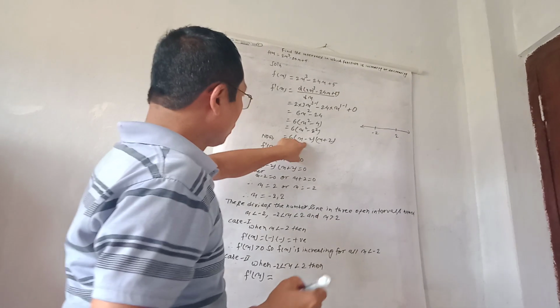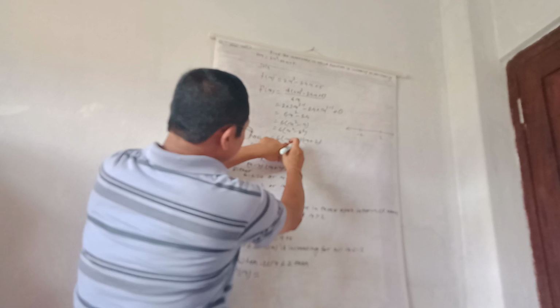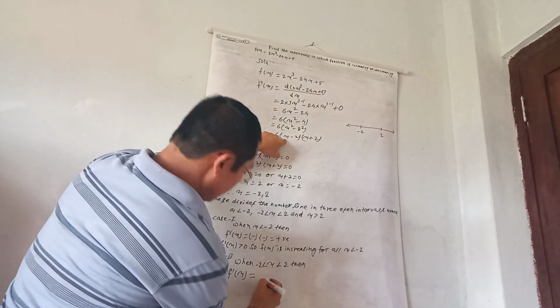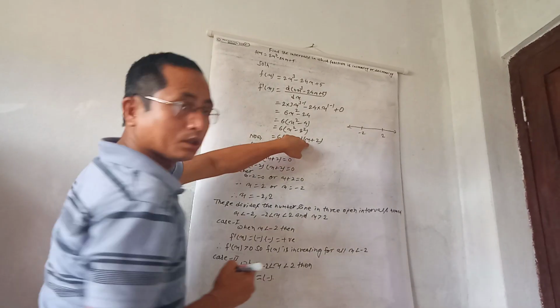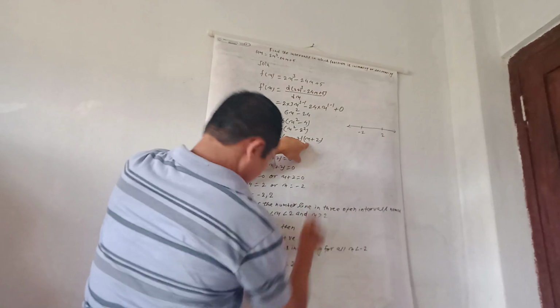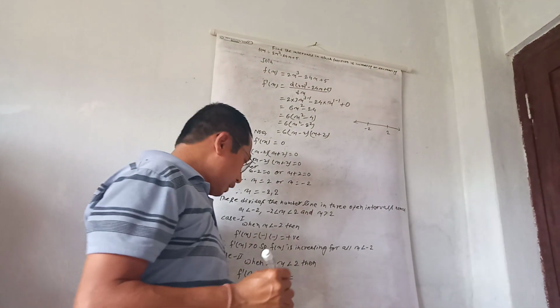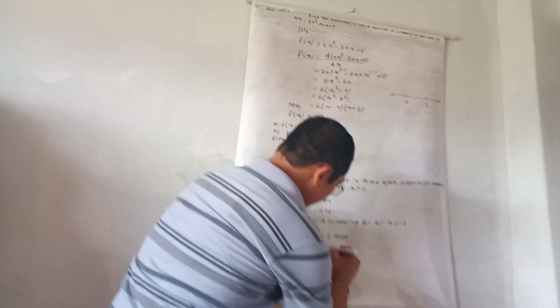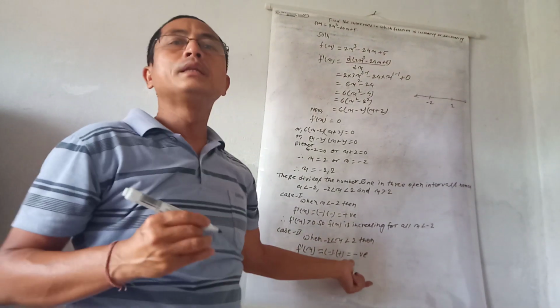Look at here, when you put x = -1, then x - 2 is -1 - 2, which is -3. The result will be minus here, into -1 + 2, where the result will be plus. Now minus and plus multiply, then the result will be minus, negative.